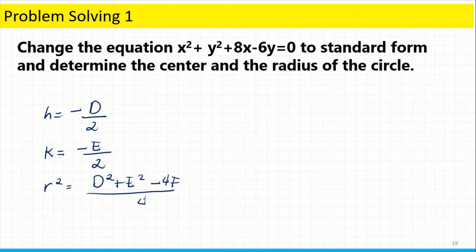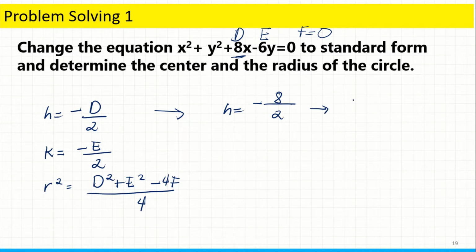So here, the value of D is 8, the value of E is negative 6, and F is 0. So h is negative D over 2, which is negative 8 over 2.